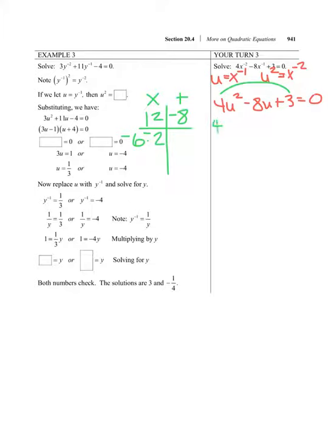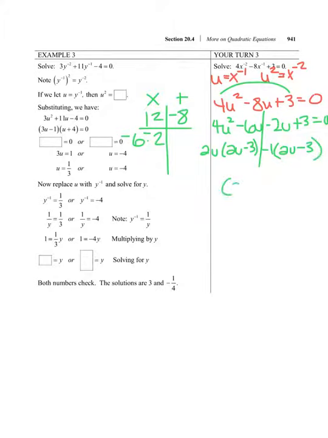So this is going to be 4u squared minus 6u minus 2u plus 3 equals 0. So 4u squared minus 6u have 2u in common, leaving me with 2u minus 3. And then negative 1 times 2u minus 3.